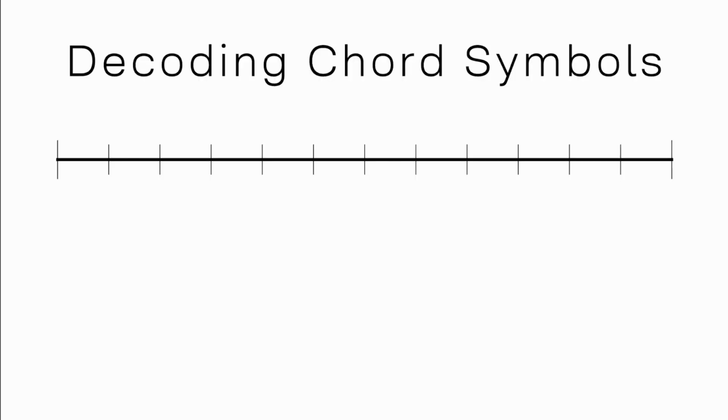All right, so I got a little line that I'm going to use to illustrate what I'm talking about. For all of these examples, we're going to be placing chords on the root note C. And in order to really see what's going on, I'm going to put up a C major scale. So C, D, E, F, G, A, B, C. But music doesn't just stop there.